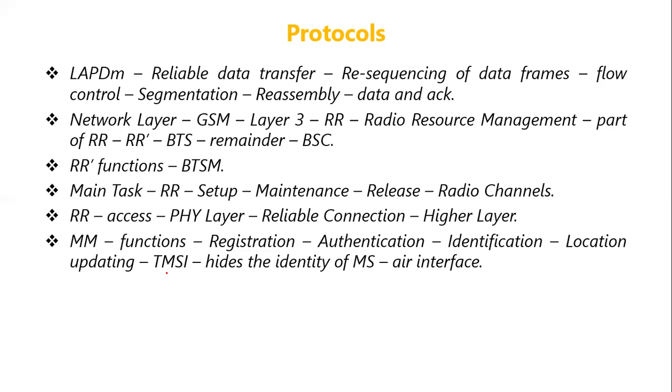And then the next layer, which I guess is the fifth layer. First layer is radio, next LAPDm, then RR, then MM. The top layer is CM. Fifth layer is CM, call management. This layer contains three entities.